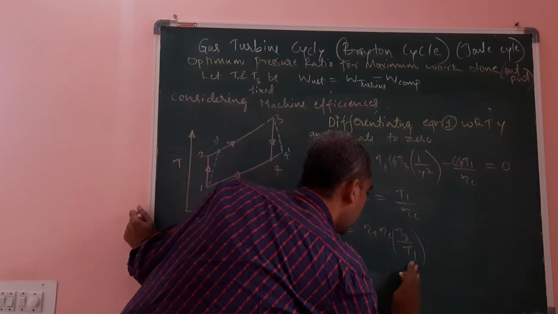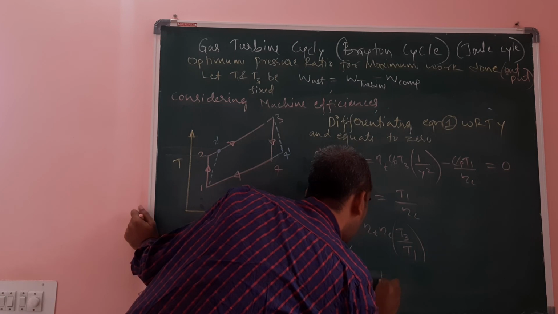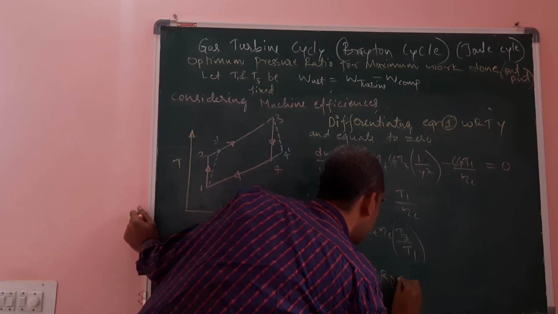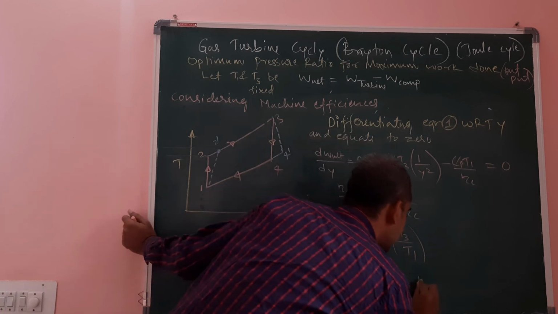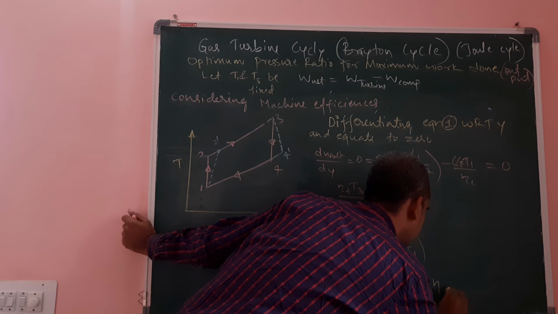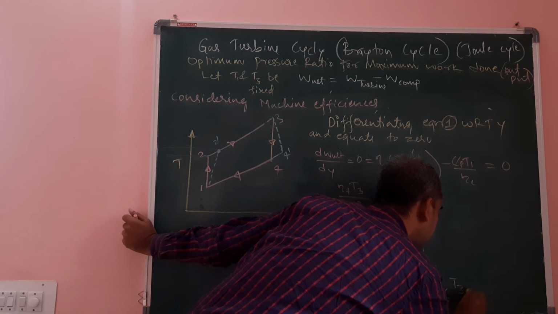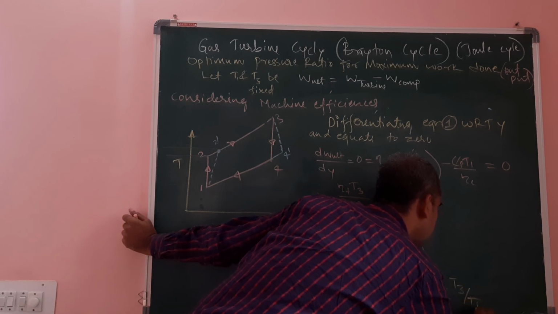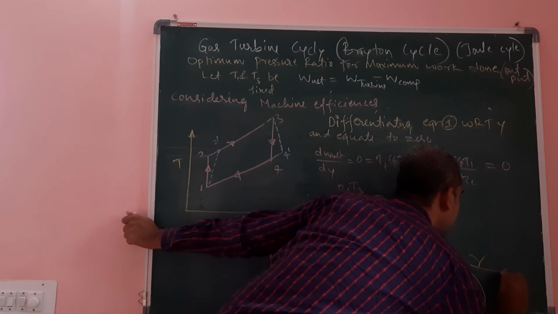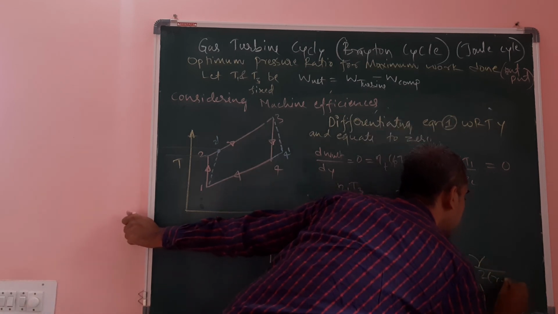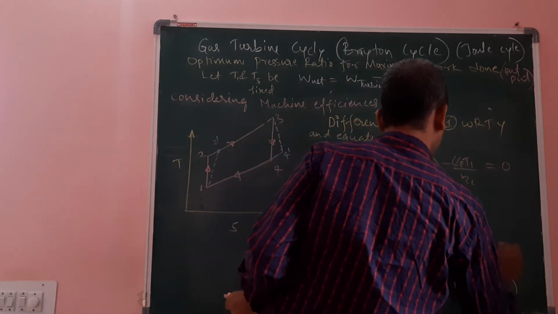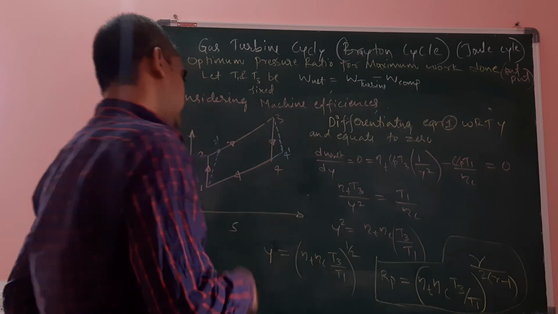Therefore, Rp will be equal to eta c, eta t into T3 by T1, raised to gamma divided by 2 into gamma minus 1. This is the optimum pressure ratio for maximum work done.